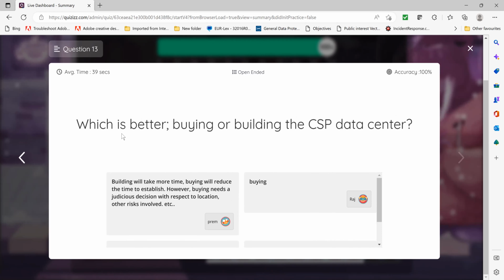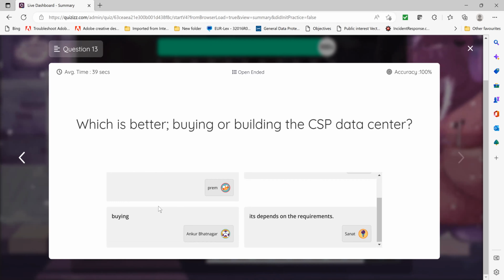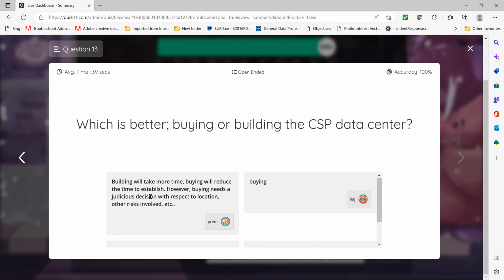What is better, buying or building the CSP data center? Building will take more time. Buying will reduce the time to establish. However, buying needs a careful decision with respect to the location involved. Gentlemen, here we don't have a right answer. As we mentioned, buying or building depends upon the requirements.